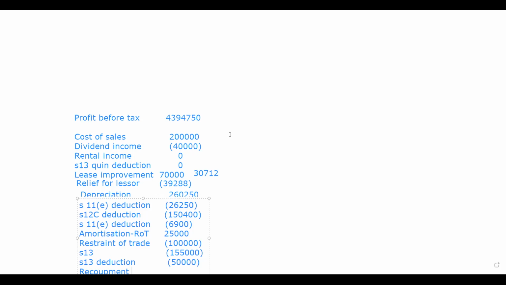And then plus the allowances that you got for this improvement from 2014. They said they improved it in July 2014, which means you received them from 2015, because the first year of assessment was 2015.